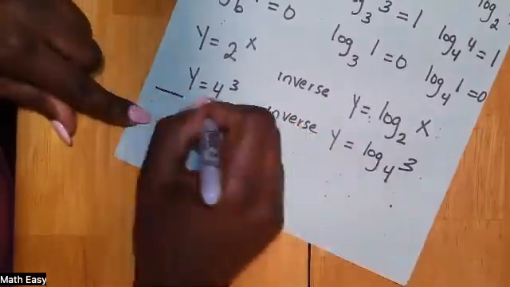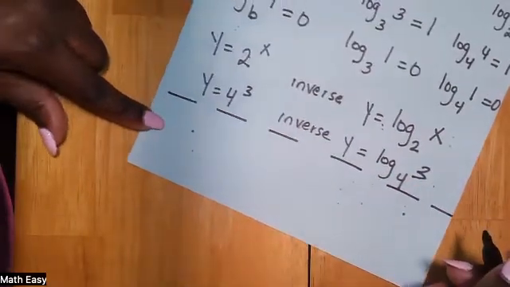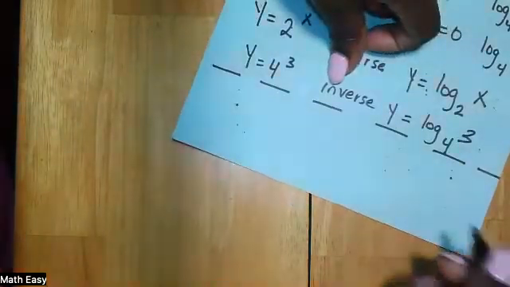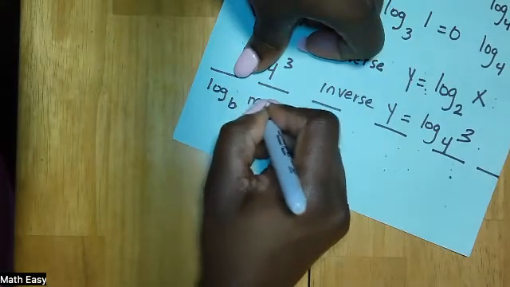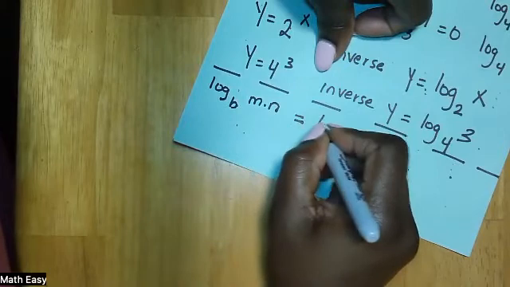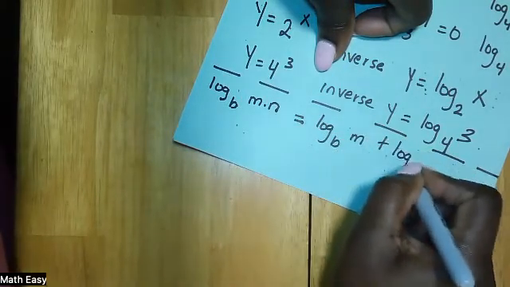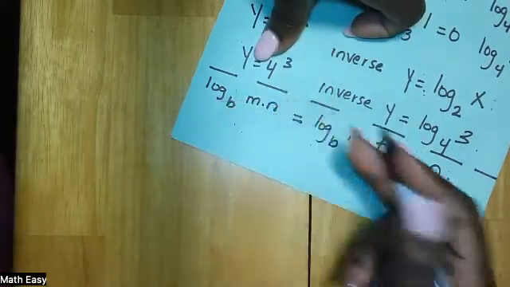Now, just as exponents had different properties, logs also have different properties. So for example, if we have log base b of m times n, we can expand that to get log base b of m plus log base b of n. Again, the reverse can be done.